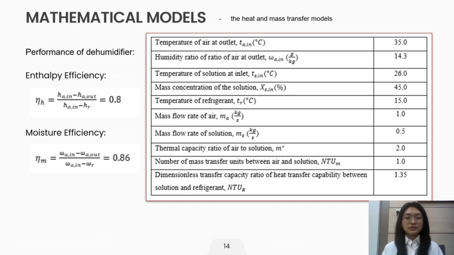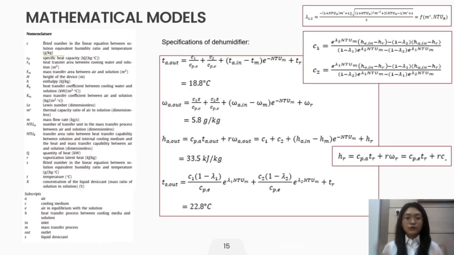the conditions given. First, by substituting the constants C1, C2, specific heat, temperature of air at inlet, temperature of air in equilibrium with the solution, and temperature of the refrigerant, the temperature of air at outlet is calculated, which is 18.8 degrees Celsius.